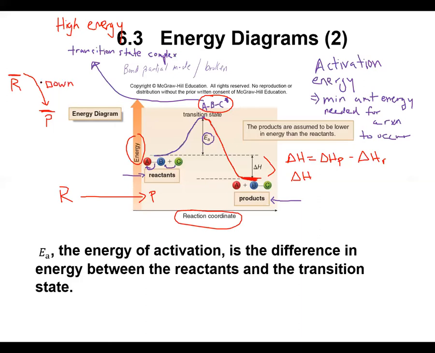And the only way for energy to go down is for energy to be given off, right? So to get our reactants down to our products, we need to give off that energy. So energy is given off. When energy is given off, that's another way to say that energy is being released.